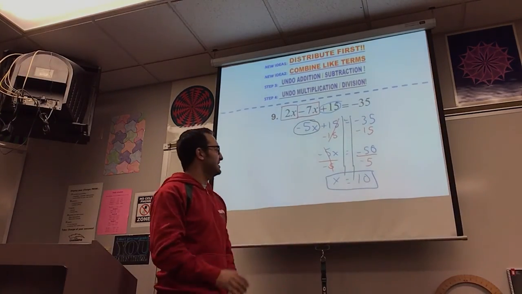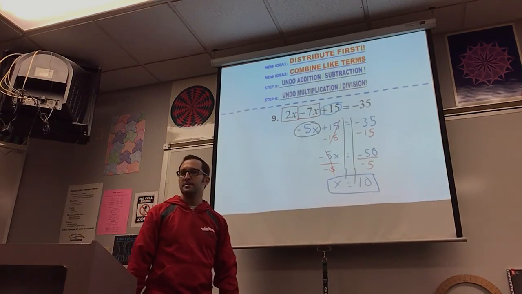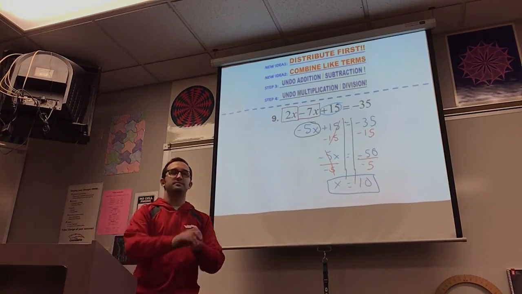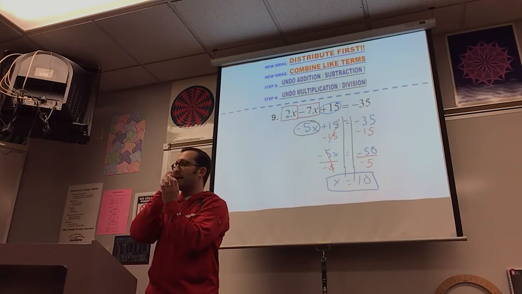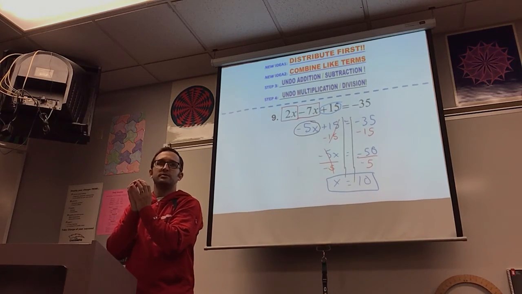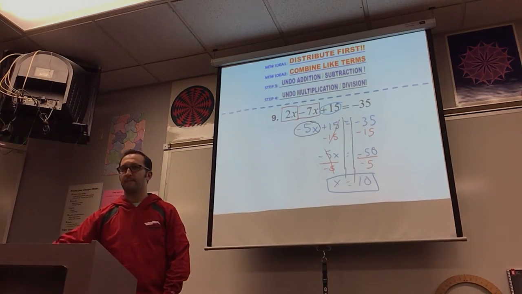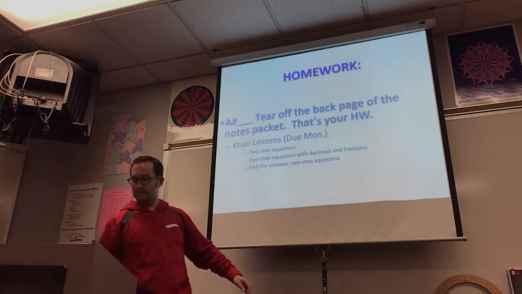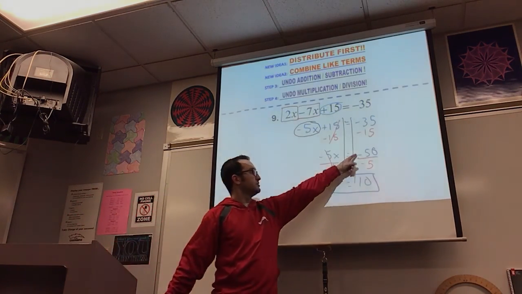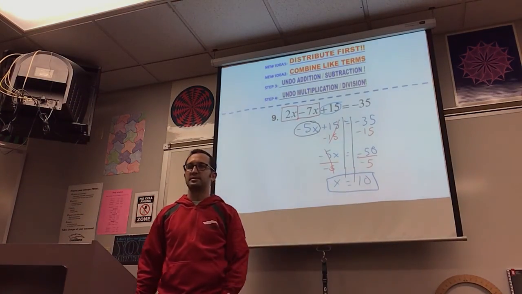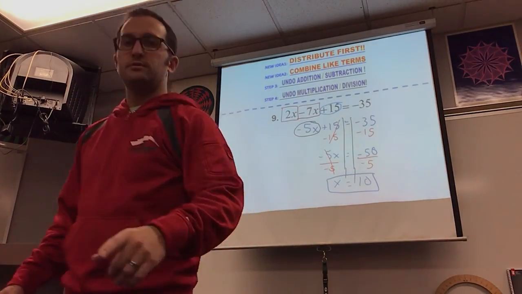Right? So the idea is making sure that we keep track of our signs. So all we've done is what we did before, combining like terms, and threw it into this, right? Why? Because negative 50 divided by negative 5, same sign, positive.